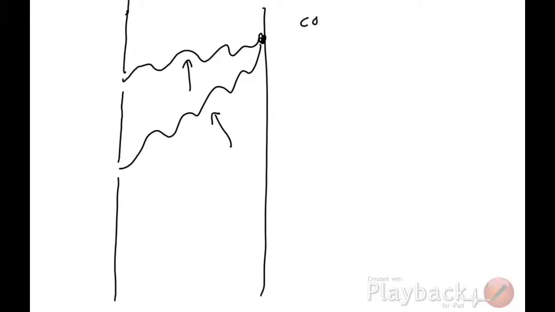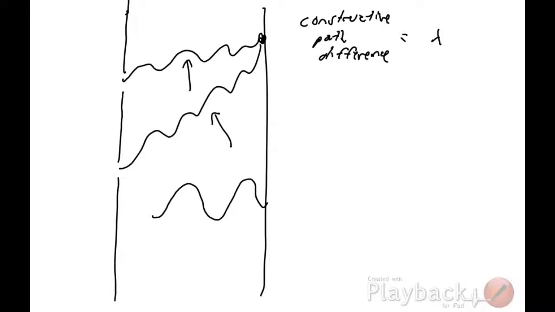So the constructive path difference, I guess, is going to equal a wavelength, meaning that if it's exactly equal to a wavelength long, it'll line up again, meaning that if this is 1 wavelength, the other wave has to be either 1 wavelength ahead, right on, or 1 wavelength behind, or some number n wavelengths off.